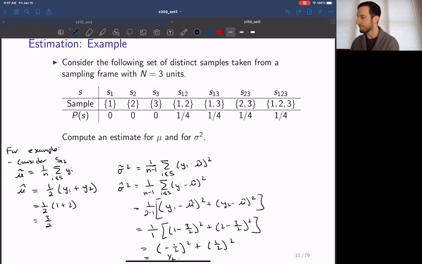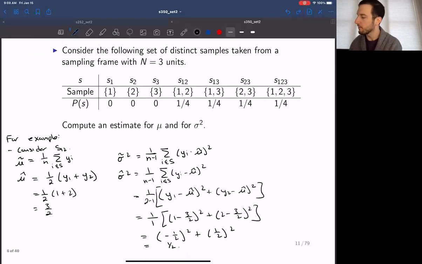And then similarly, if we wanted to estimate the variance, we select the estimator 1 over n minus 1 multiplied by the sum across the samples of yi minus mu all squared. This is just the defining formula for the sample variance. And then our estimate becomes similar to the estimate for mu.